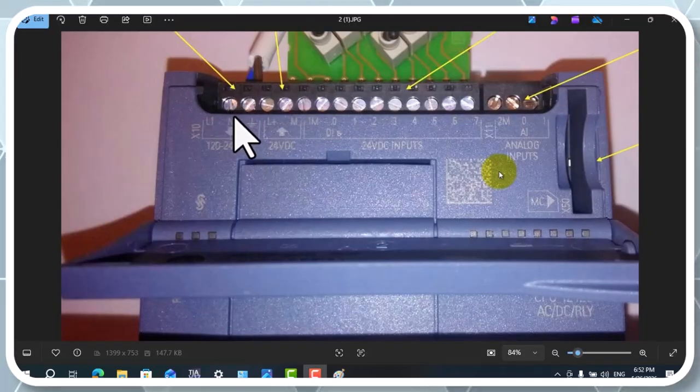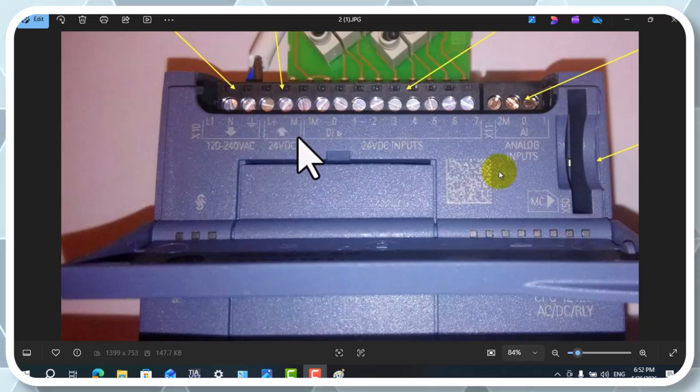And next, our picture is about what we talked about before. It's our power supply, 220 volts, from 120 to 240 volts AC.